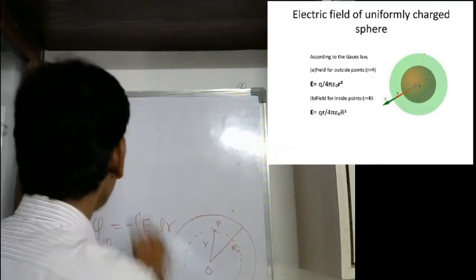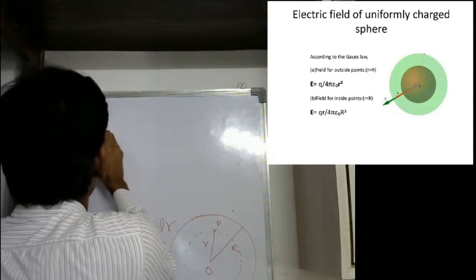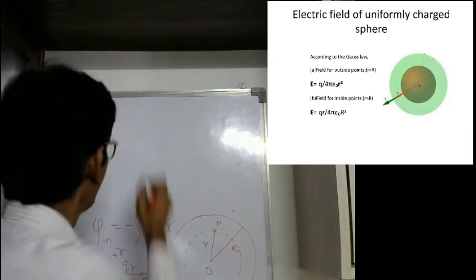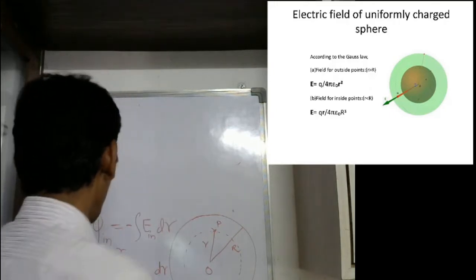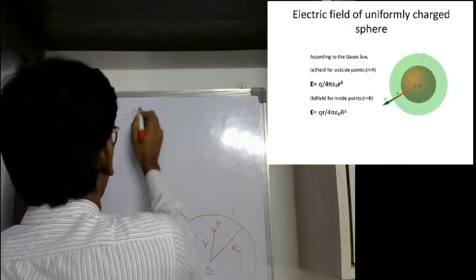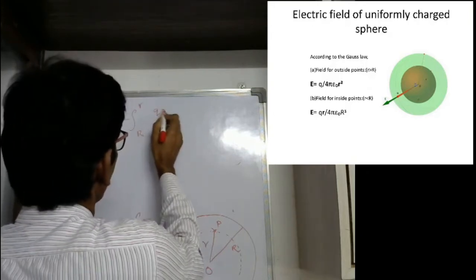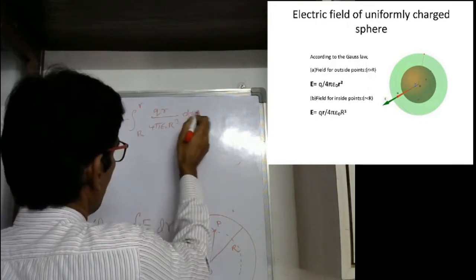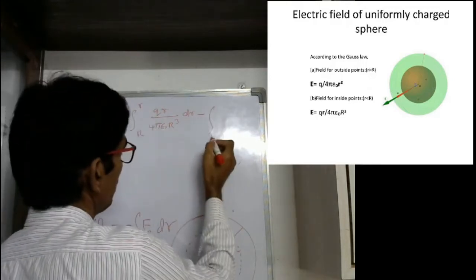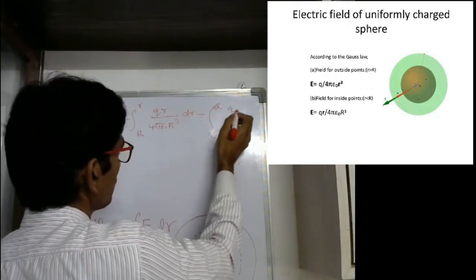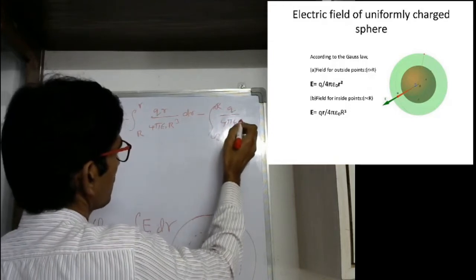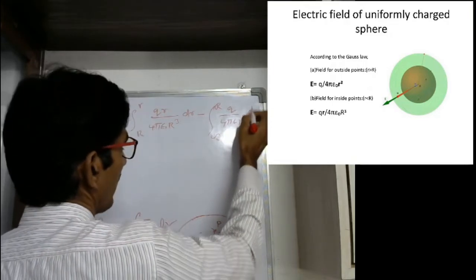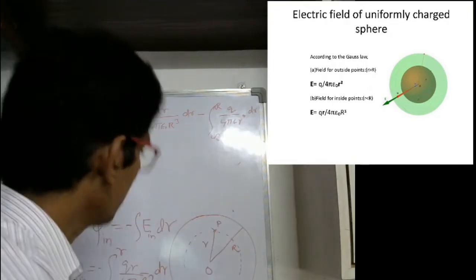Phi in, at the point P, is equal to: the first term, minus integral from R to r of QR by 4 pi epsilon naught R cube dr, minus integral from infinity to R of Q by 4 pi epsilon naught r square dr.